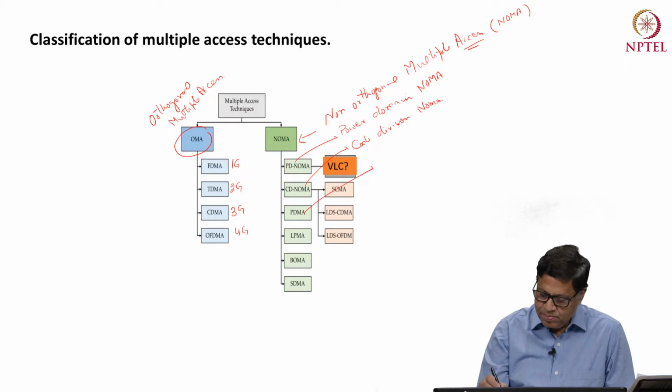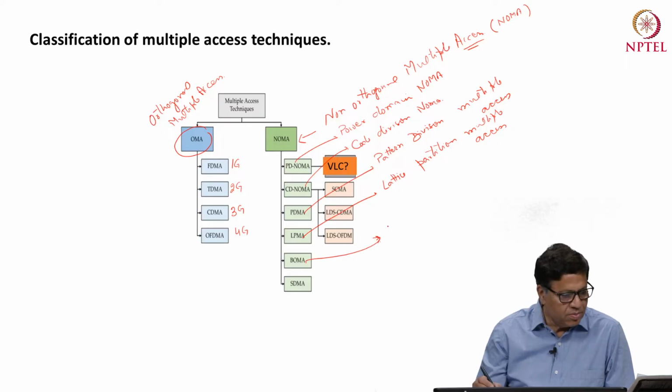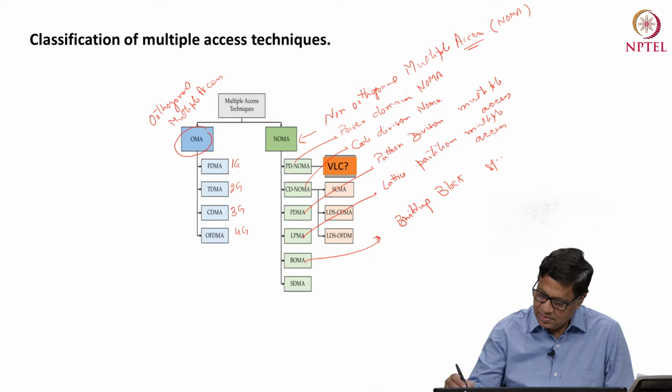Then you have pattern division multiple access. Then you have lattice partition multiple access. Then you have BOMA, building block, sparse constellation based multiple access.